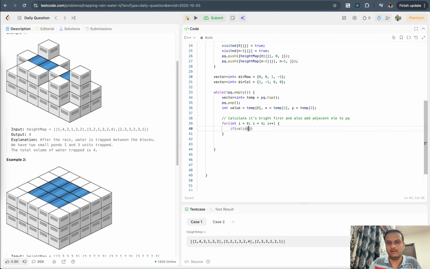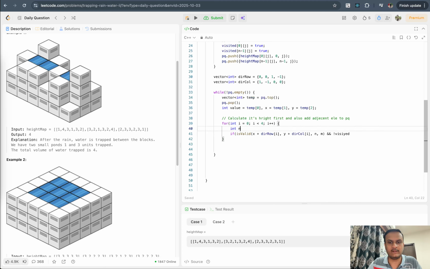So if we have a valid I comma j, which will be like x plus direction of row of I, y plus direction of column of I, this is x comma y. We have to check if this is valid with n comma m, and then not visited.